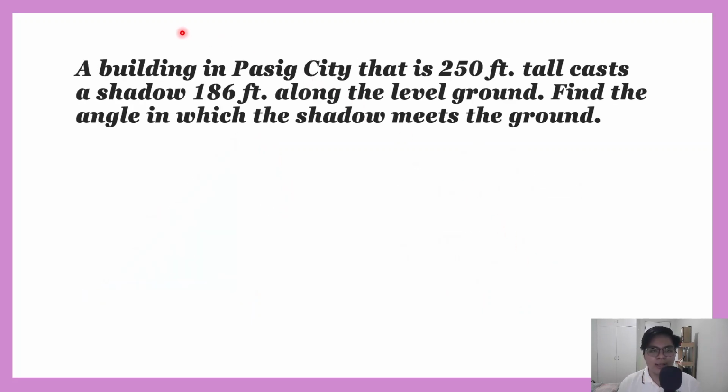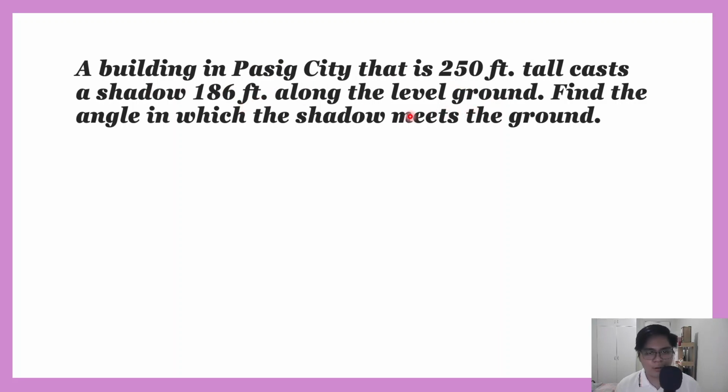We now move on to the second example. A building in Pasig City that is 250 feet tall casts a shadow 186 feet along the level ground. Find the angle at which the shadow meets the ground.